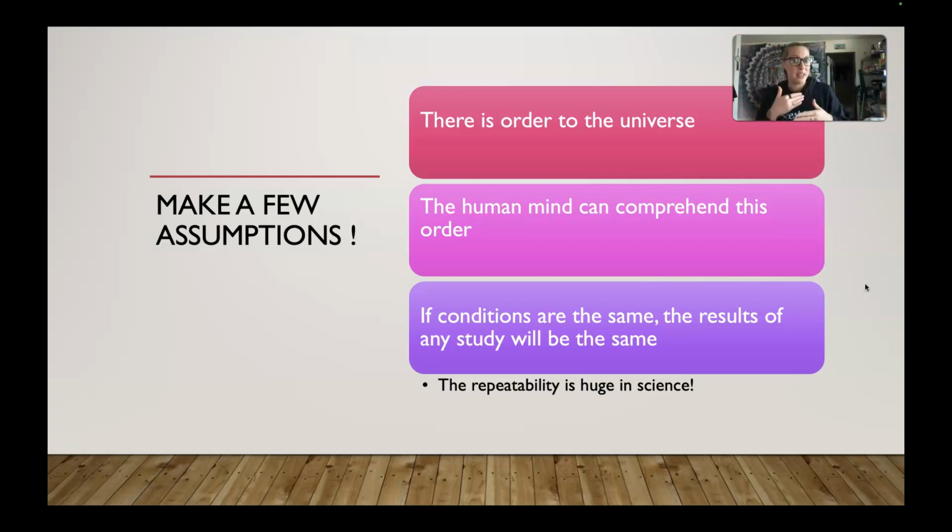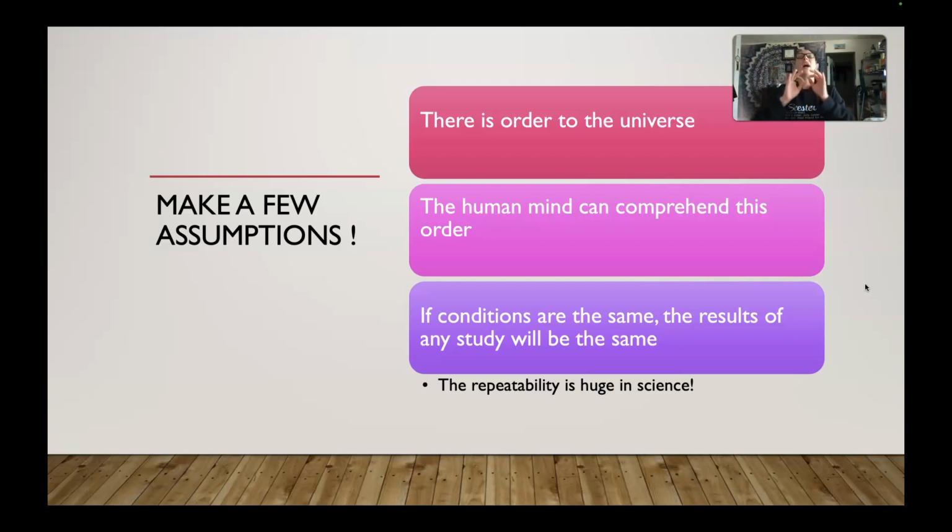The reason that we perceive and make this assumption that there is order in the universe is because the human mind can actually physically comprehend this order. And within the smaller aspects of science, as opposed to big universe, Big Bang theory sort of ideas, the idea with science is if we have conditions that are the same, then the results of any study will be the same.